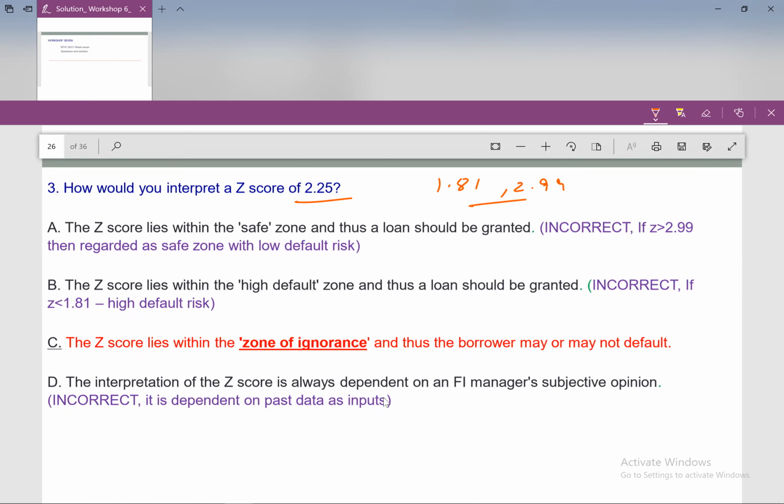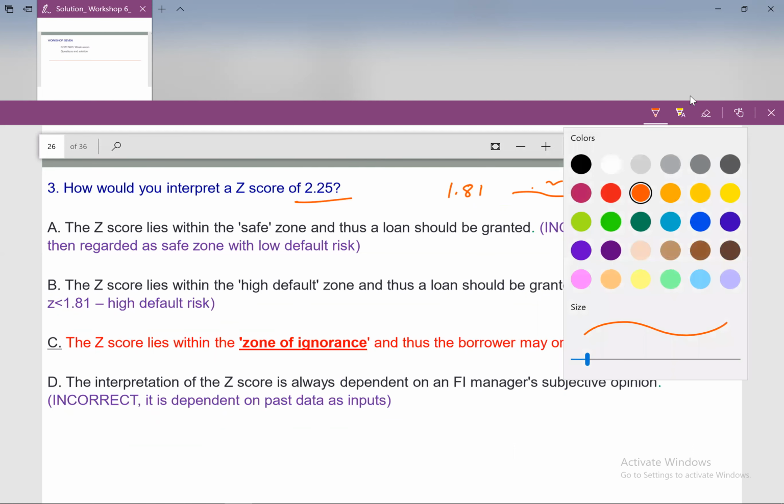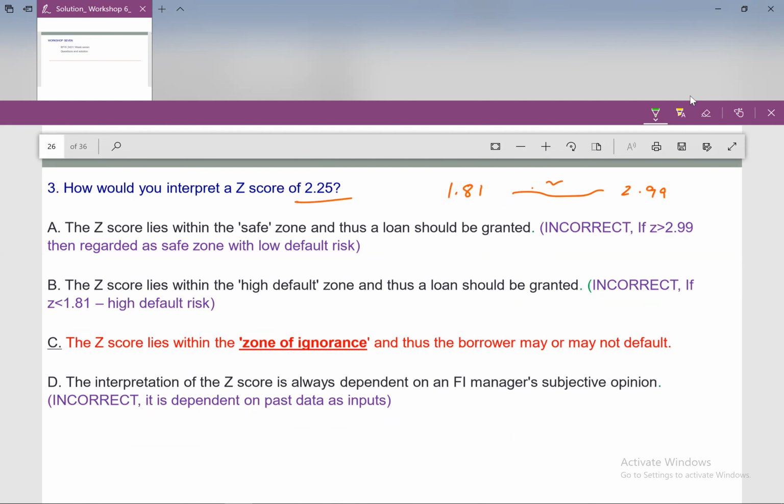It is between 181 and 299, so the 225 is actually here. So the question is, does this score lie within the safe zone and thus the loan should be granted?